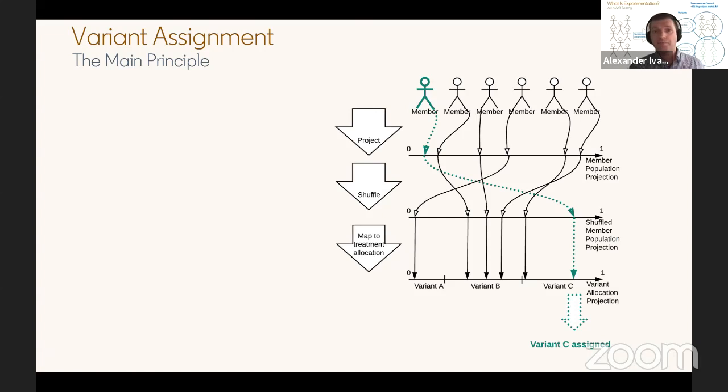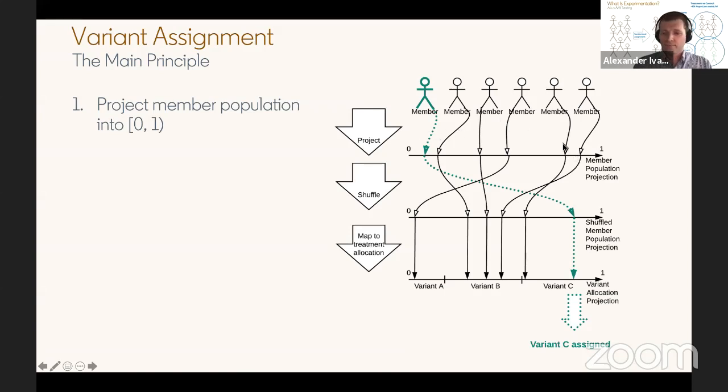Now, let's discuss what the main principle of variant assignment is in A/B testing, because it's the foundation of scalability of the infrastructure. So let's say we have a member population, and the first thing we actually need to do is to find a way to project the member population into the interval of 0 to 1.